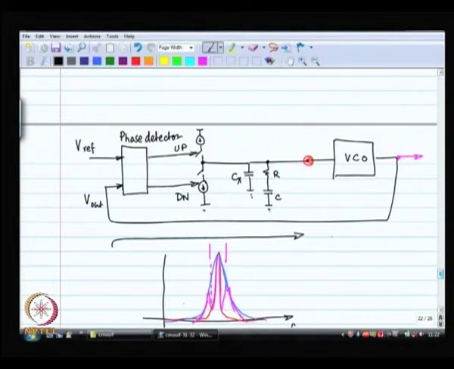What I am saying is that phi out is equal to phi ref. If phi out is equal to phi ref, does that mean that the derivative of phi out, that is the frequency, is equal to the derivative of phi ref, that is the frequency of the reference? Absolutely, there should be no mistake in that. That is great news. So, you get a perfect frequency synchronization, you get phase synchronization.